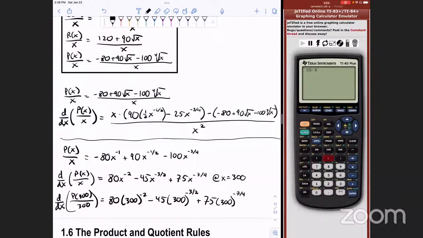So we get this 80 times 300 to the power of negative 2, okay? 45 times 300 to the power of negative 3 by 2, okay? 75 is 7 by 4, okay.